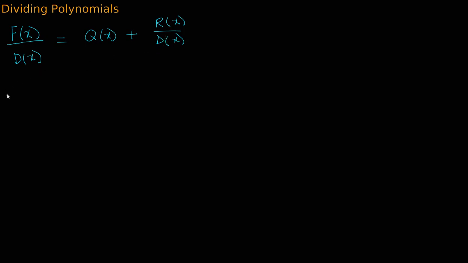Another way is: let's say f(x), which is the dividend, equals the divisor, which is d(x), multiplied by q(x), where q(x) is my quotient, plus r(x), which is my remainder.